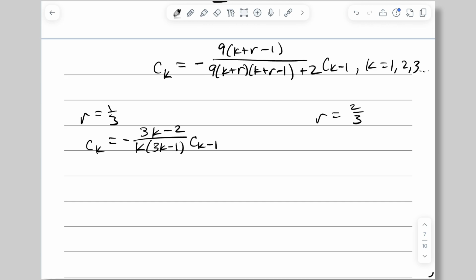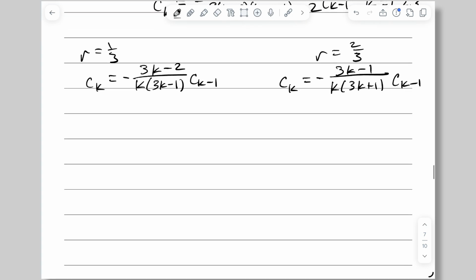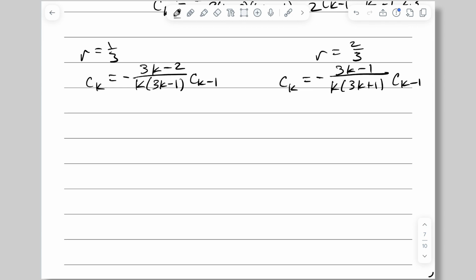That's for r is 1/3. For r is 2/3, we get c sub k is equal to negative 3k minus 1 divided by k times the quantity of 3k plus 1, c sub k minus 1. I would encourage you to confirm that on your own so you can see what that process looks like.